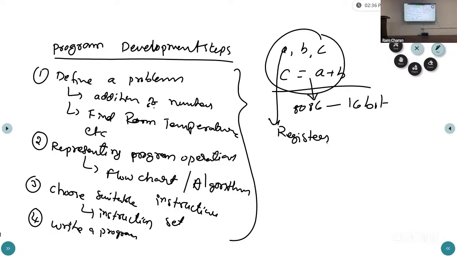We can access up to that; beyond that, we can't. The remaining cases are the same. 8085 has 8-bit registers, and the 8086 microprocessor has 16-bit registers and can perform 16-bit operations only. Right? Here it is 8 and here it is 16, that's the only difference.